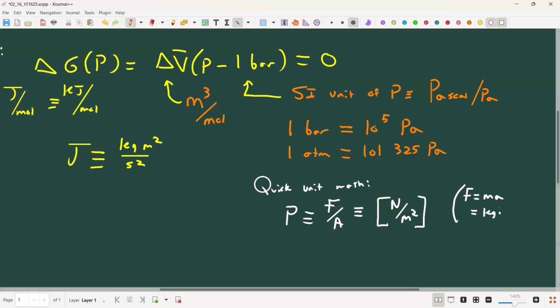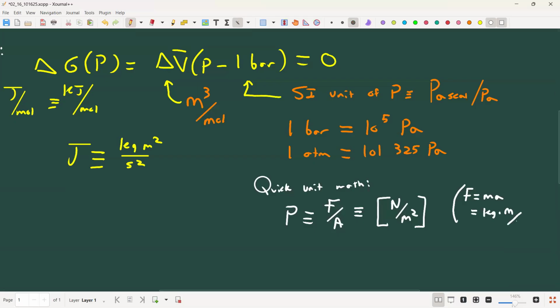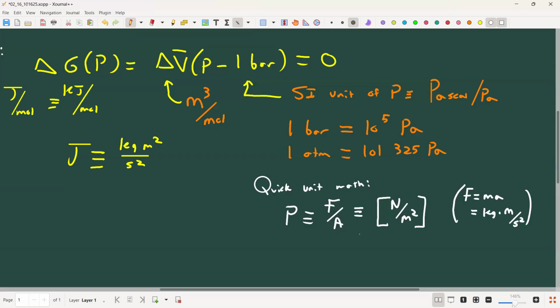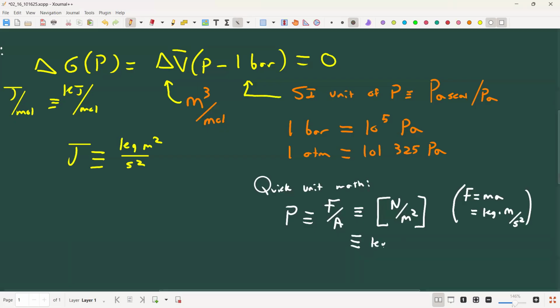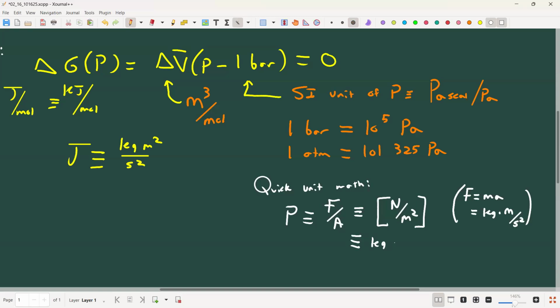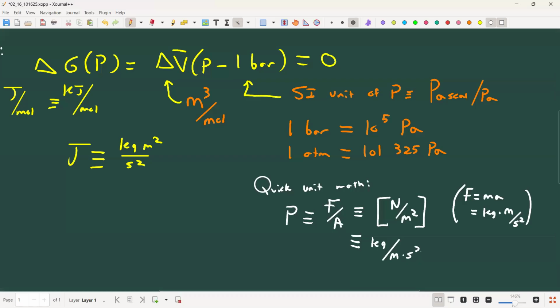And the units of acceleration are meters per second squared. Okay, so the total units of pascals is newtons per meter squared. So that's kilogram per meter per second squared.